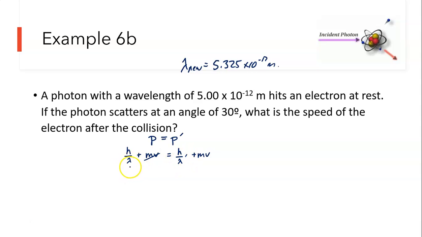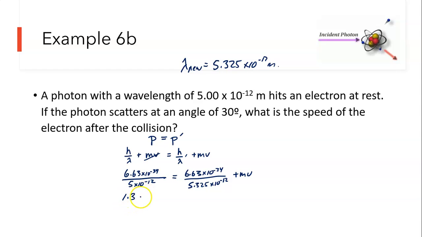So as we can see here, we can take our 6.63 times 10 to the negative 34 over the wavelength of 5 times 10 to the negative 12, which is equal to 6.63 times 10 to the negative 34 again, divided by 5.325 times 10 to the negative 12, plus mv.